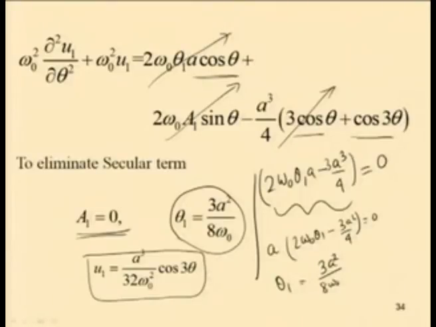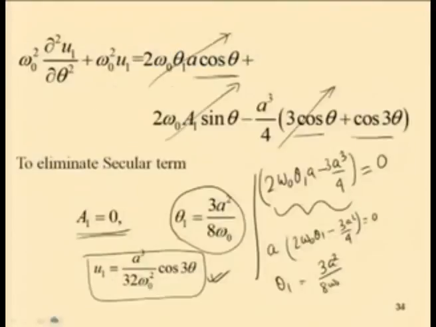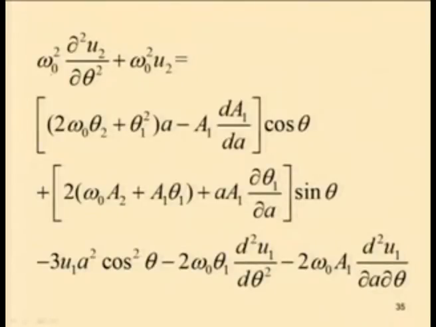Now, by substituting this u 1 in the second equation, which we obtain to be this, that is omega 0 square del square u 2 by del theta square plus omega 0 square u 2, this will be equal to 2 omega 0 theta 2 plus theta 1 square a minus a 1 into d a 1 by d a into cos theta plus 2 omega 0 a 2 plus a 1 theta 1 plus a 1 del theta 1 by del a sin theta minus 3 u 1 a square cos square theta minus 2 omega 0 theta 1 d square u 1 by d theta square minus 2 omega 0 a 1 d square u 1 by d a d theta.